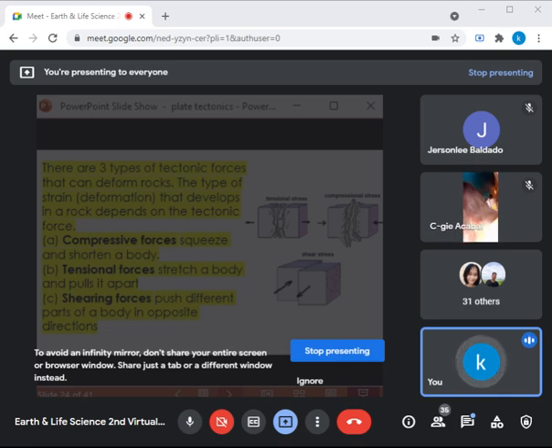So, compressive forces occurs on convergent boundaries. And then we have tensional forces, stretch a body and pulls it apart. So, it moves boundaries away from each other. So, kaning tensional forces, this occurs on divergent boundaries.